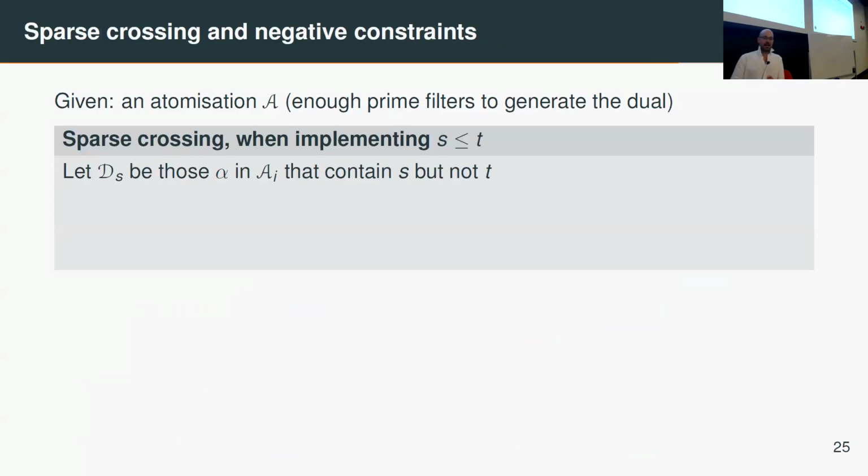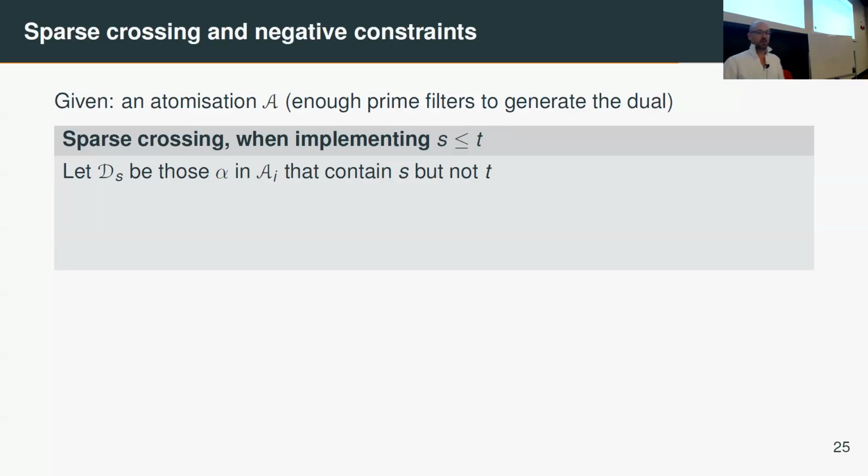So here is the sparse crossing operator, which is really non-deterministic. Before, we saw this idea: if we wanted to force S to be less than or equal to T in the real world, the knowledge space, where the things we know about, we want to know what that looks like in this dual world, what I would prefer to call the character space. We took all the prime filters containing S but not T, and then amalgamated them with the prime filters containing T and threw away the offending ones.